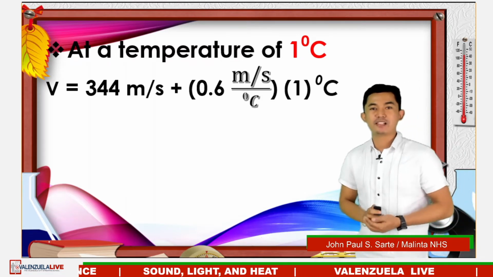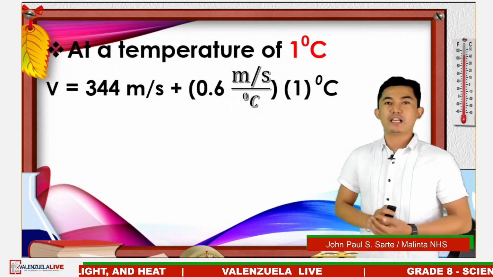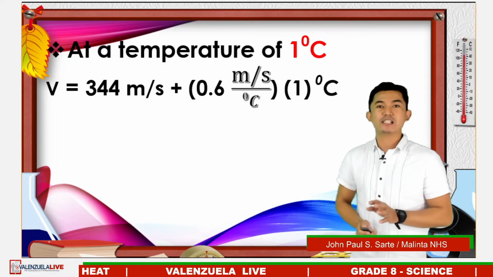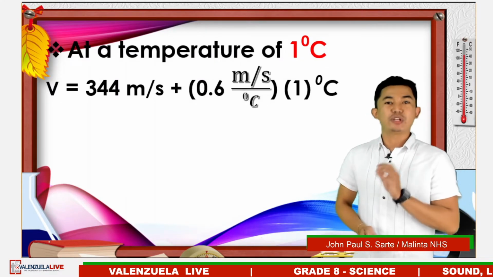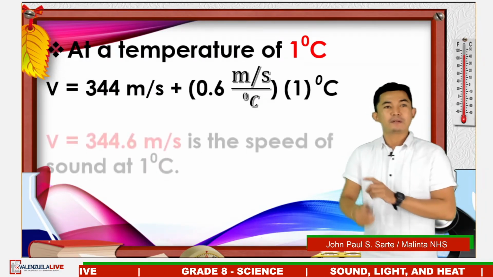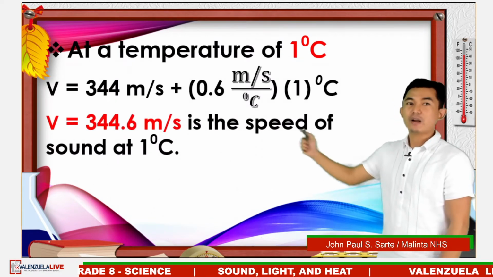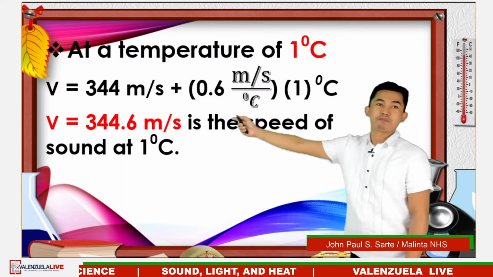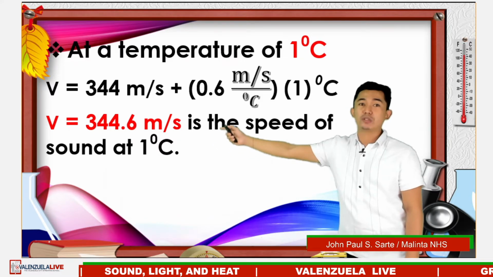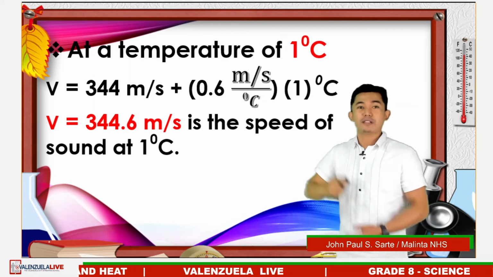Exactly. That is degree Celsius. In mathematics, we need to cancel this same unit, which is degree Celsius. Okay? Now, what should be our answer? Our answer should be speed is equal to 344.6 meters per second. Okay? That would be the answer.